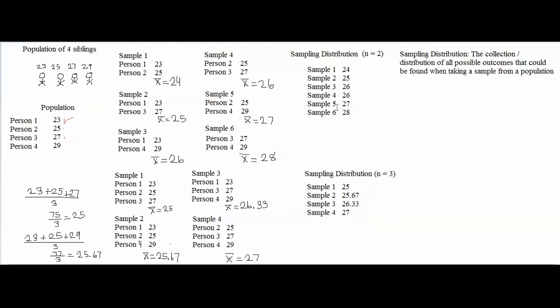Now what I'd like to do next is make a histogram for the population and for both of the sampling distributions. And I'll make the histogram a little bit differently than I've made it before. Instead of using a y-axis, I'll just stack boxes on a number line. I'll show you what I mean. Before I do that, I'll probably label what these are so we can keep track of the work we've done.